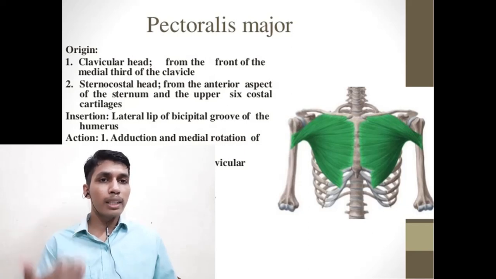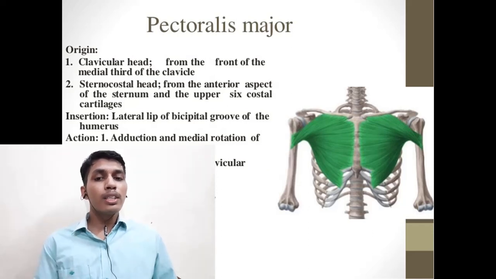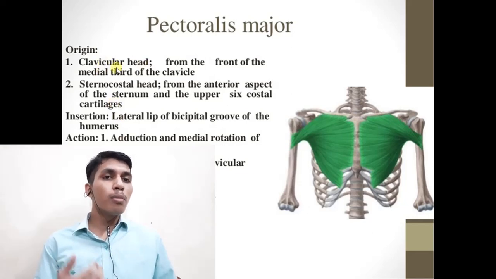So basically we study two nerves: the lateral pectoral nerve, having root value C5, C6 and C7, and the medial pectoral nerve, C8 and T1, supplying this muscle. Further, the lateral pectoral nerve basically supplies the clavicular head of the pectoralis major muscle.